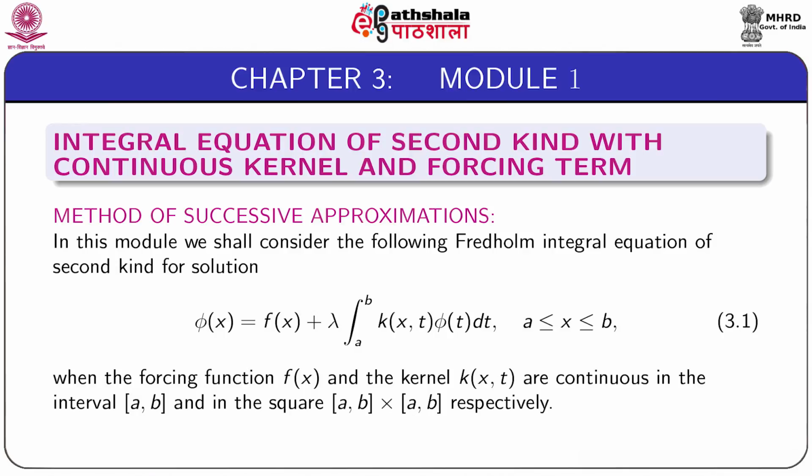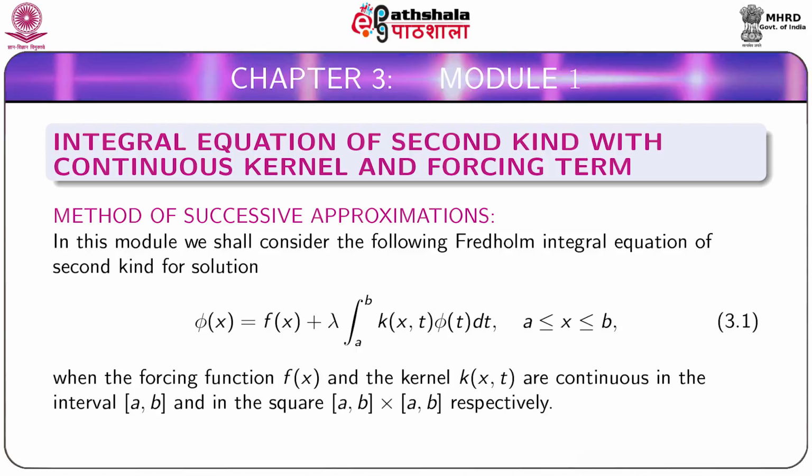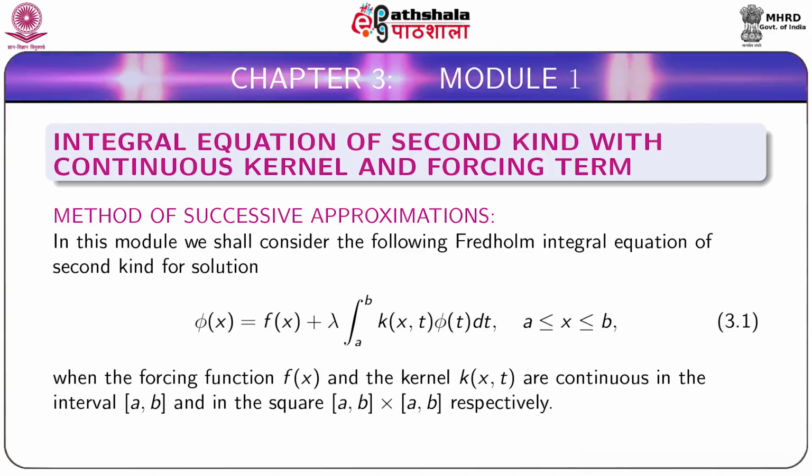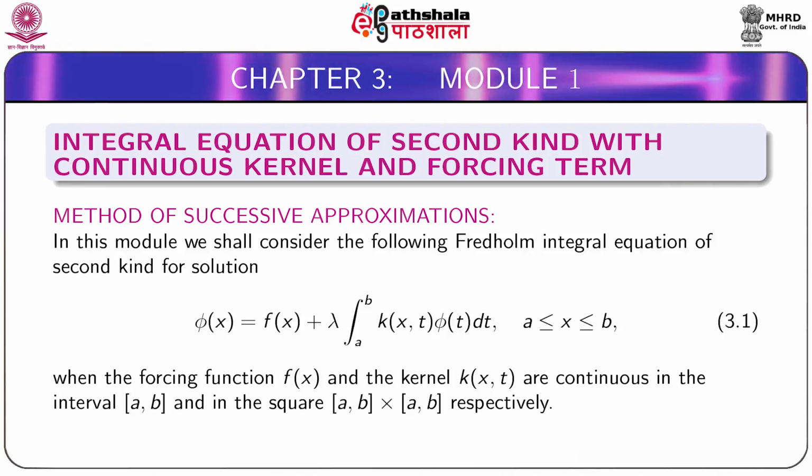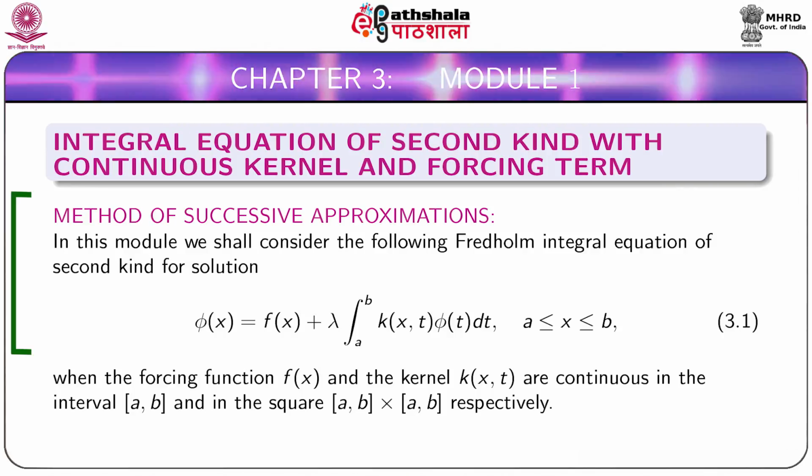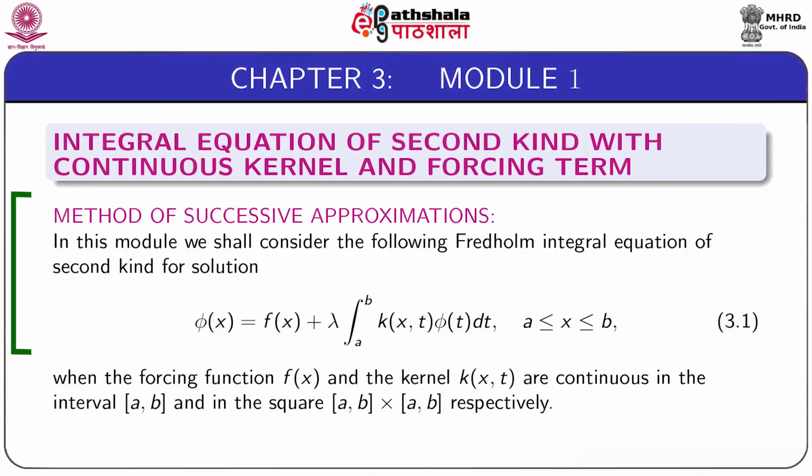Now, we shall consider integral equation of second kind of Fredholm type as given by equation 3.1 for solution. We shall solve this integral equation by a method known as method of successive approximations.